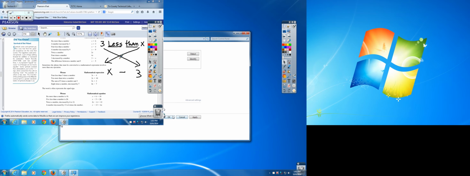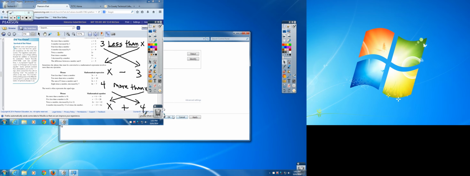Well, what about more than? 4 more than x. Now, a lot of people say, well, that don't matter. No, it doesn't. But it's good to get into practice. Because addition is what? Starts with a C. Commutative.